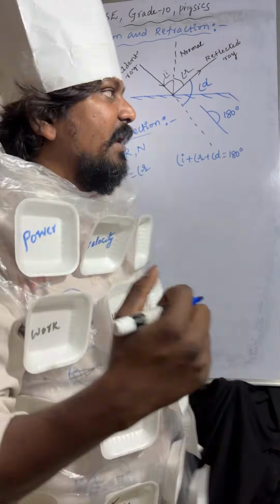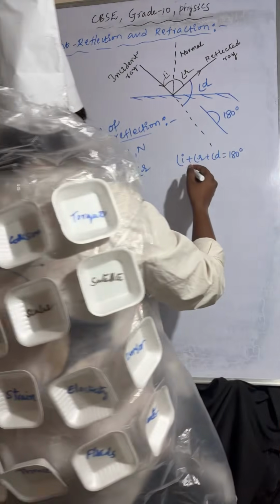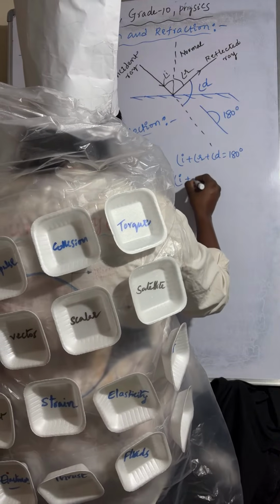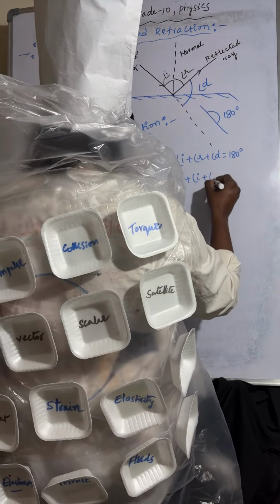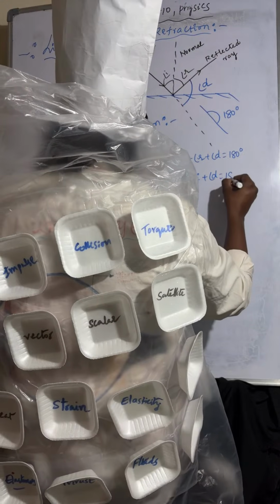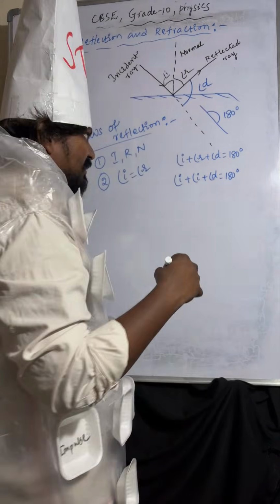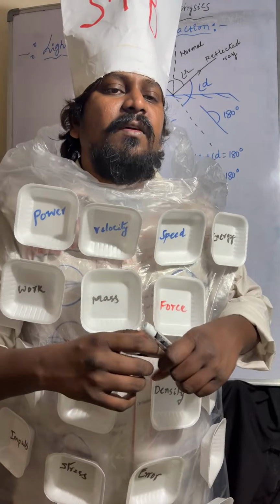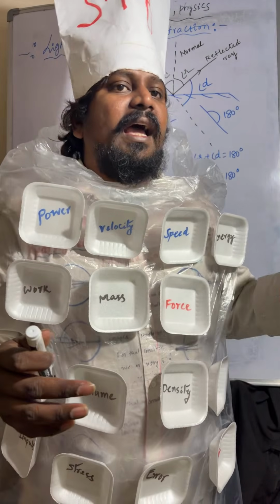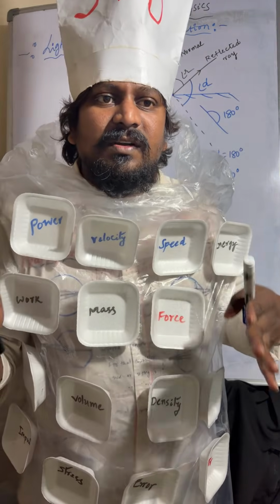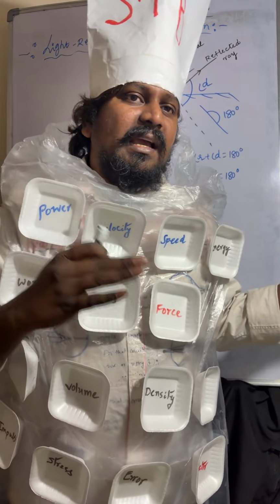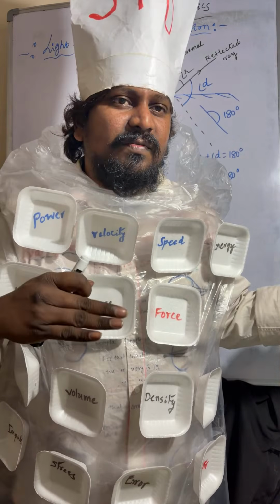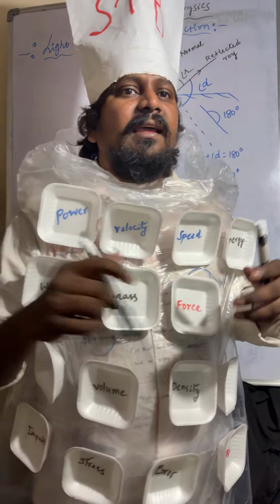Okay, so now we can see from the laws of reflection, angle of incidence plus angle of deviation equal to 180 degrees. From the laws of reflection, angle of incidence is equal to angle of reflection.